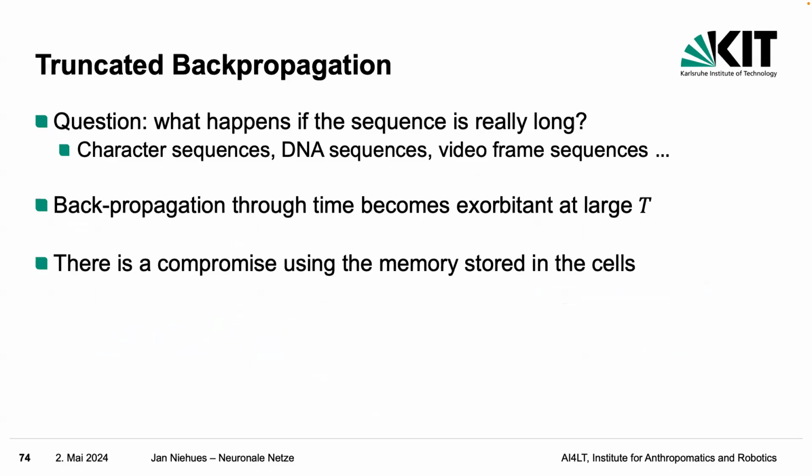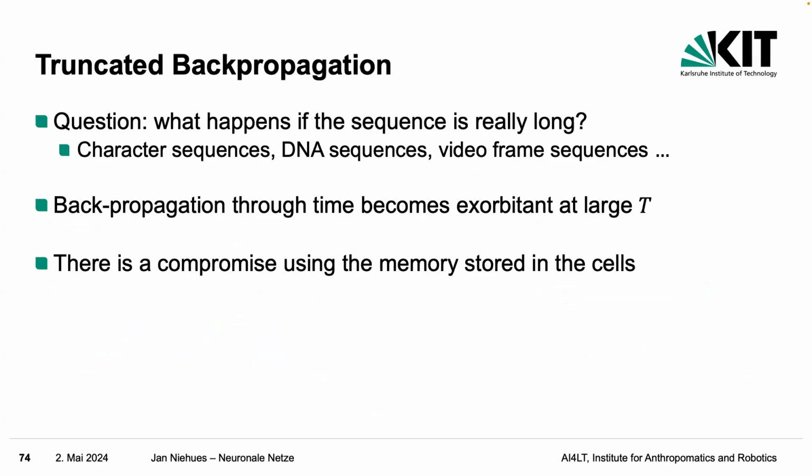One more implementation thing about RNN is that sometimes it gets complicated when you have very, very long sequences, and then the calculation gets very inefficient, because you have to store all the gradients when doing the calculation.